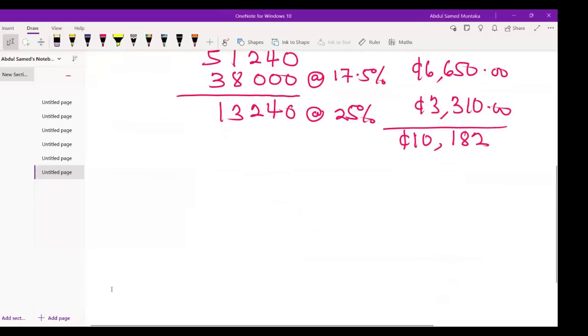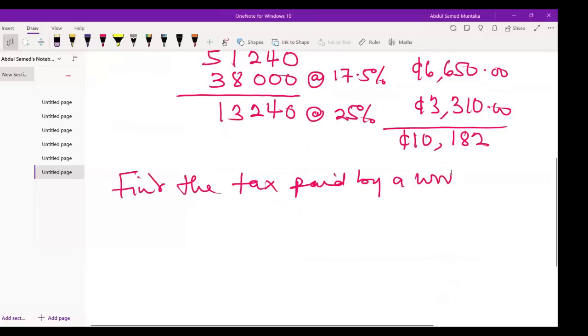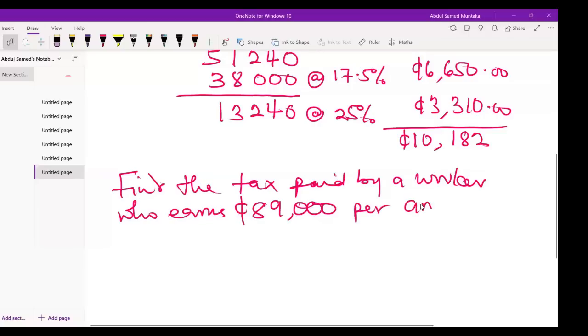Find the tax paid by a worker who earns 89,000 cedis per annum. Find the tax paid by a worker who earns 89,000 cedis per annum.